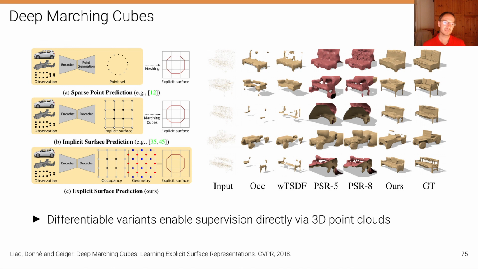And another line of work is works that try to tackle the learning problem end to end. What we've seen so far is that the learning-based approaches that take a set of images and learn an implicit representation in a discretized voxel space, or also a point set representation, had to have a separate meshing step, for example, Poisson surface reconstruction or marching cubes, in order to arrive at an explicit surface.